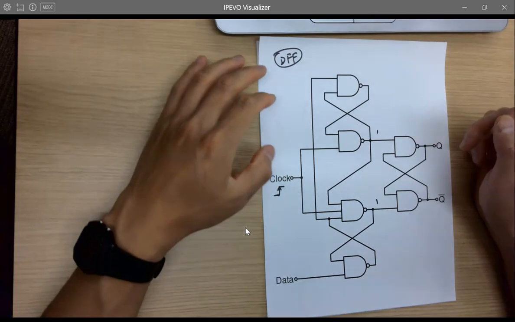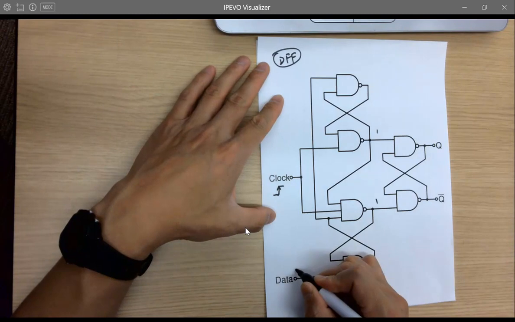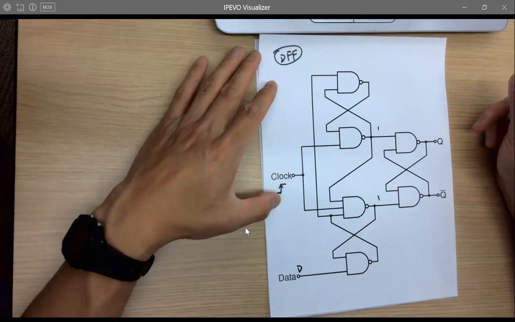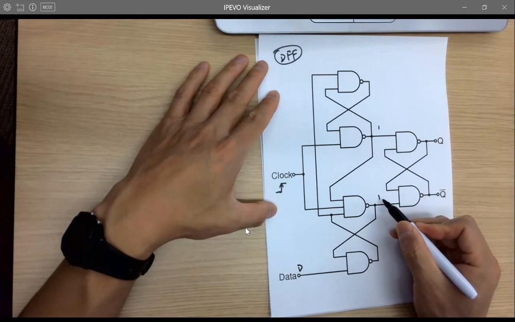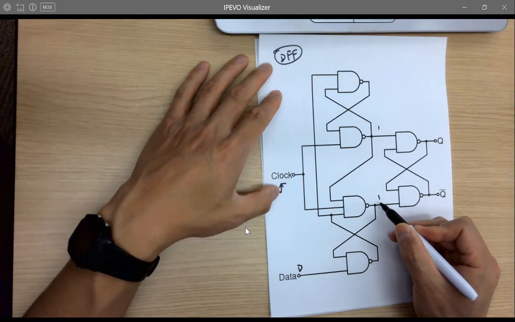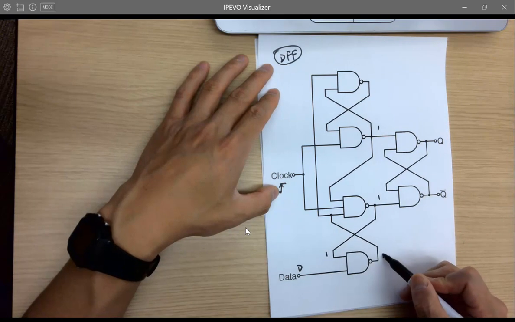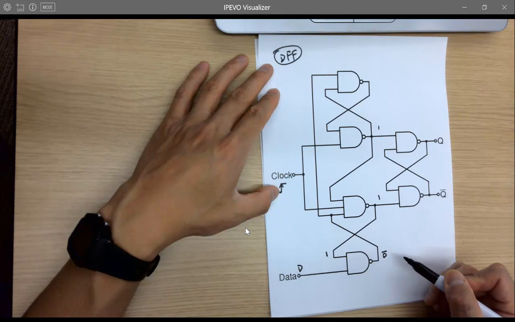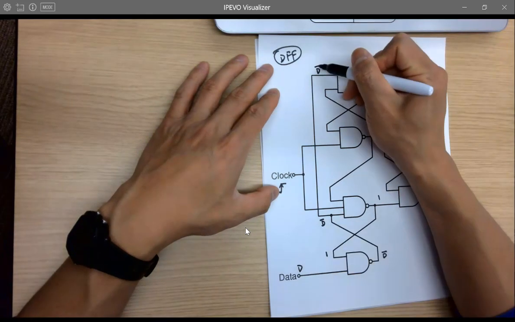So what's next? So this is D, right? You want to start from D, right? Since you know this was 1, before the rising edge, this was 1, and you have a D bar here, D bar here, and D bar here, right?